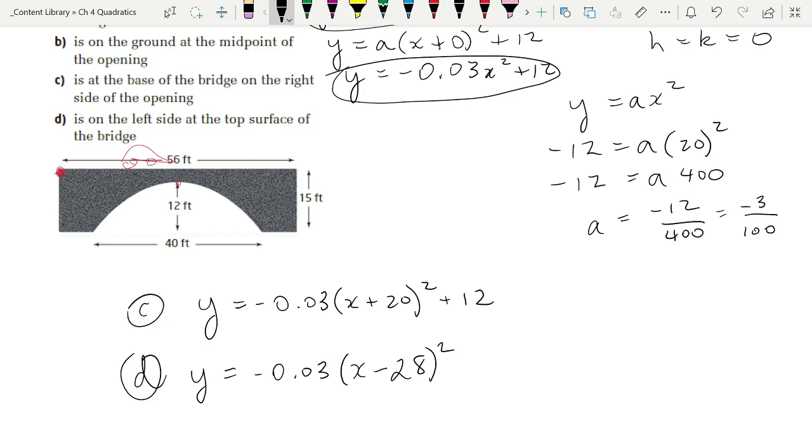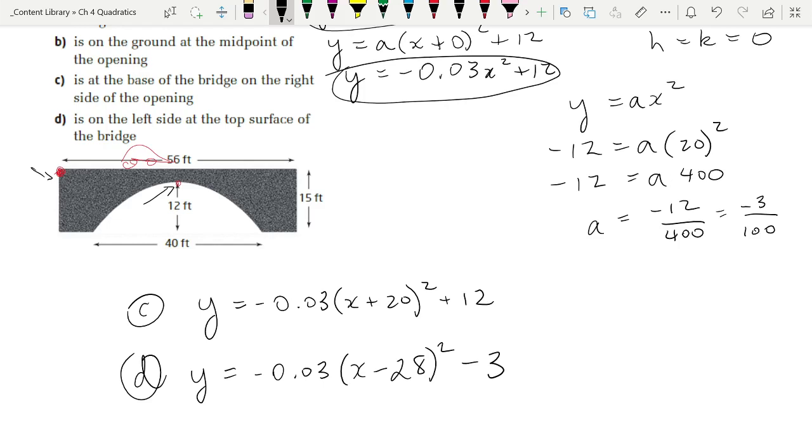How much do we move down to get from this point here to this point here? The answer is 3, because it's 12 for the arch height and 15 to the top of the bridge. So minus 3. And there we go. So that's a good question. I like that question.